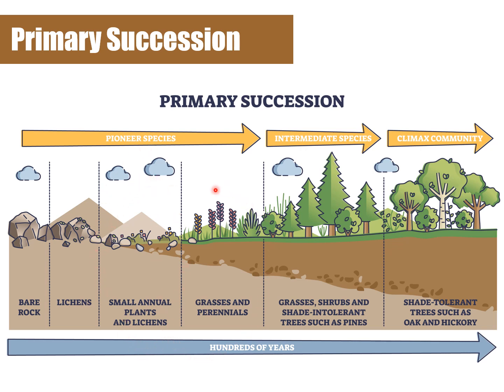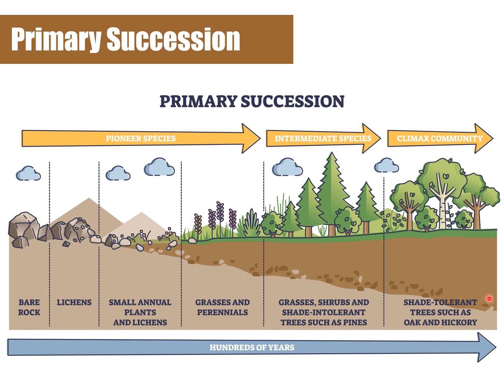Slowly, grasses and perennials will be able to move in, so these will all be our pioneer species, the first to set foot. Eventually, these will be replaced with other grasses, shrubs, shade-intolerant trees, such as pines, and then eventually we will reach a climax community that's going to be composed of shade-tolerant trees, such as oaks and hickories.